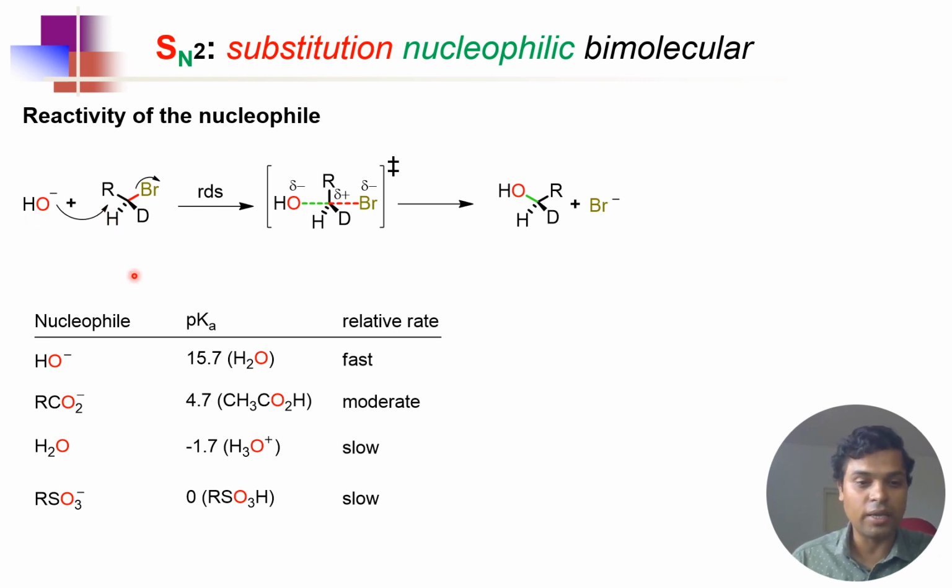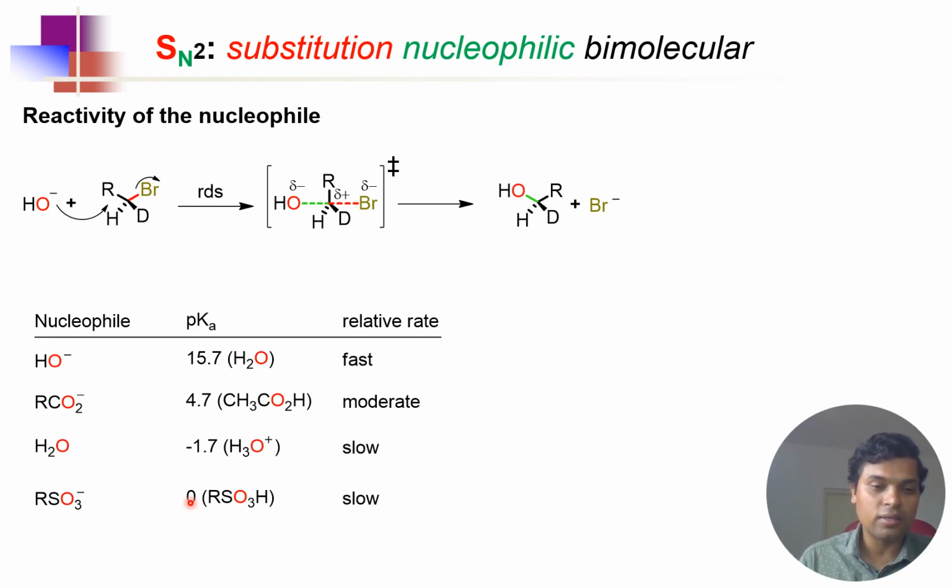So take an example here. We have a hydroxyl anion, then an acetate or carboxylate, water, and a sulfonate. Here I have listed the pKa. For hydroxyl, the pKa of water is 15.7, acetic acid is 4.76, then H3O plus is minus 1.7, and sulfonic acid is almost 0.